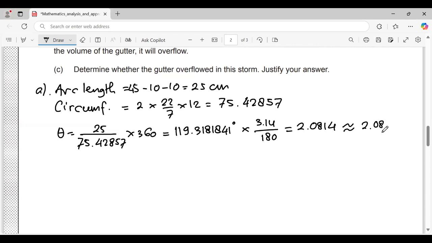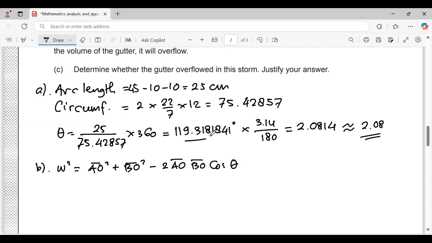Rounded off, 2.08 radians. This one. B, we are going to find the area of the cross section. The first step is to find W. W squared is AO squared plus BO squared minus 2 AO times BO cosine theta.